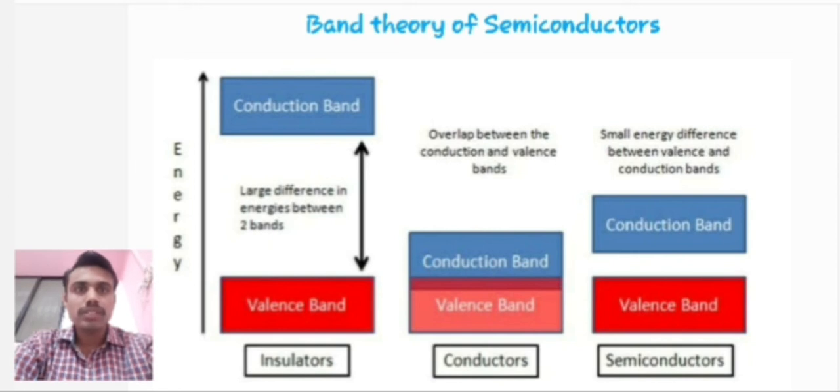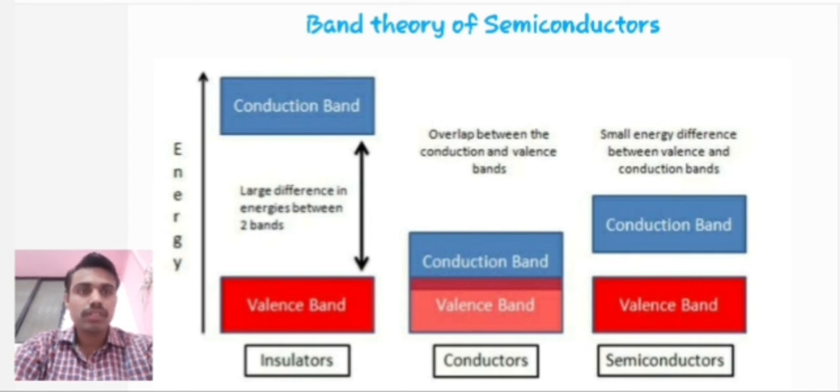On the basis of the value of the energy band gap between the valence band and conduction band, we can classify materials in three different types: insulators, conductors, and semiconductors. If we take a large difference in energies between the two bands, valence band and conduction band, then such materials are called insulators.